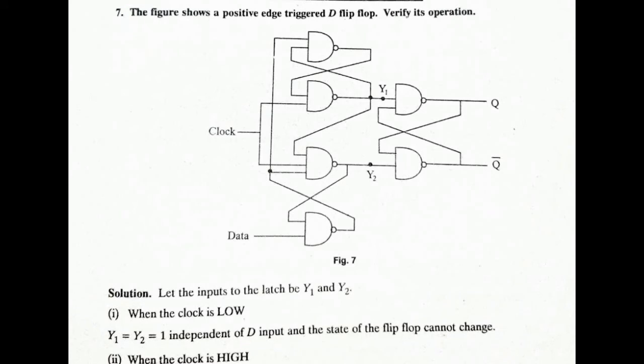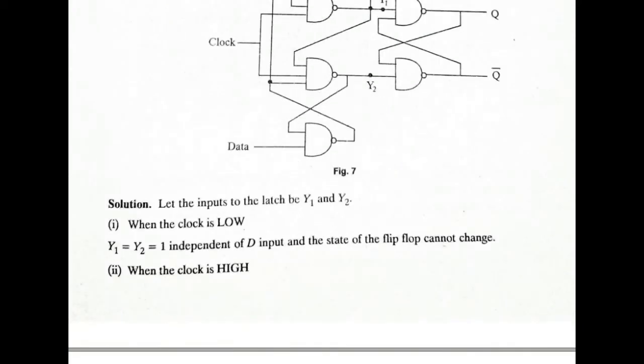Next question is, the figure shows a positive edge triggered D flip-flop. This is a D flip-flop. We have to verify its operation. For this, let the inputs to the latch be Y1 and Y2.